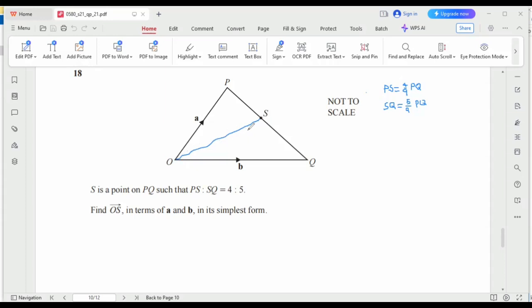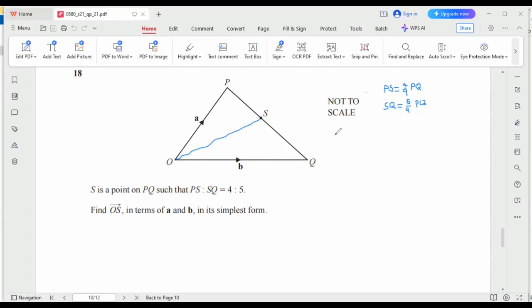How do you do that? You can go from O to P first, and then from P to S.